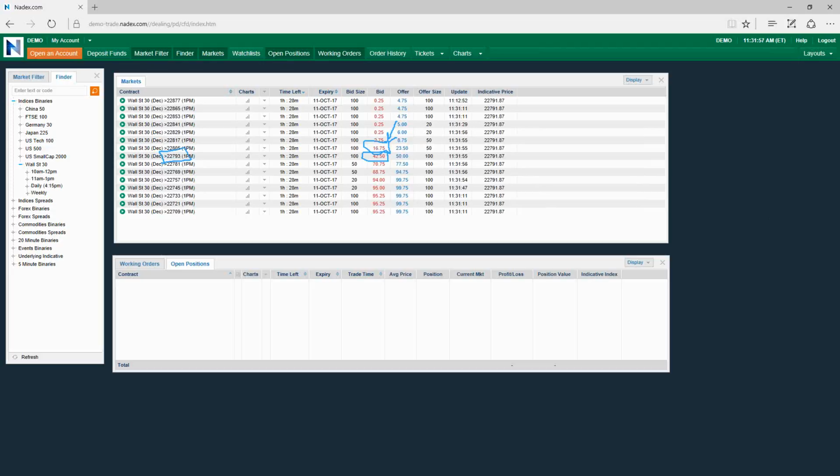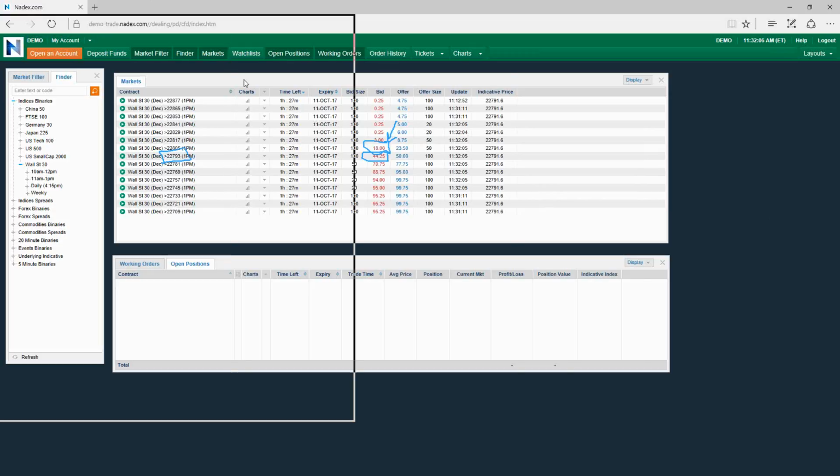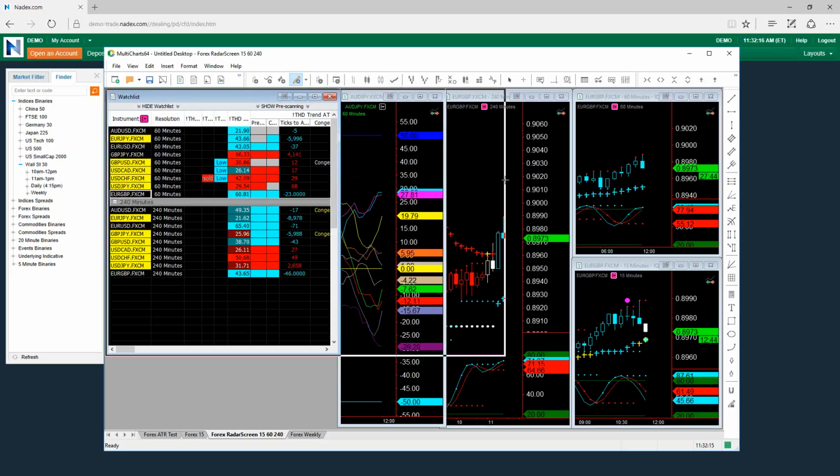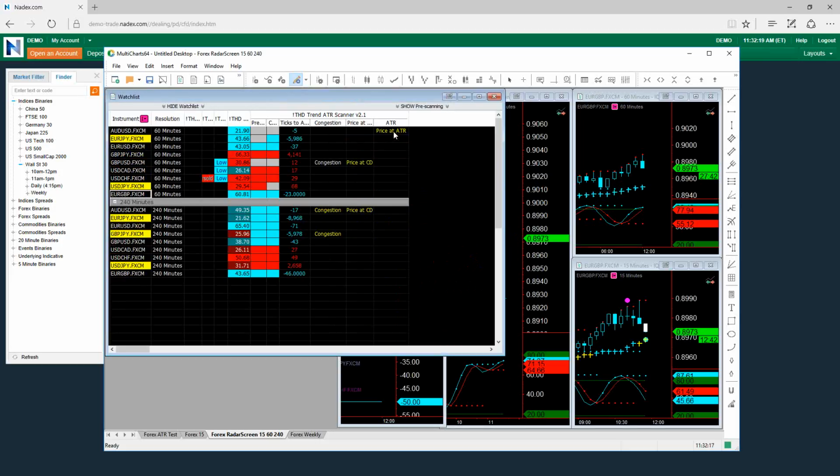Yes, I have all kinds of alerts in MultiCharts and TradeStation. And this is what, to me, makes trading easier, I guess is the word I'm looking for, because this scanner window sends me an alert when price is at an ATR, when it's at a congestion dot.